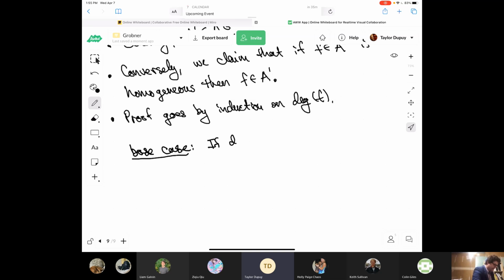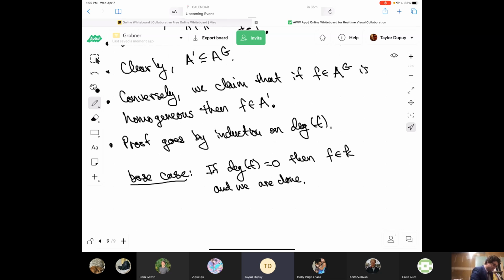If the degree of f is 0, then f is a constant, so f is an element of K, and we're done, meaning that f is an element of A prime.